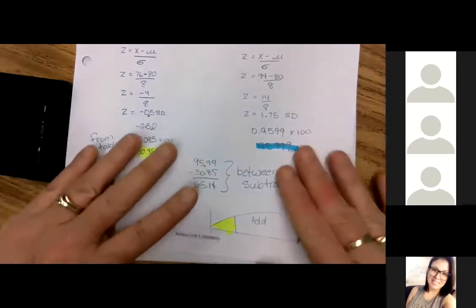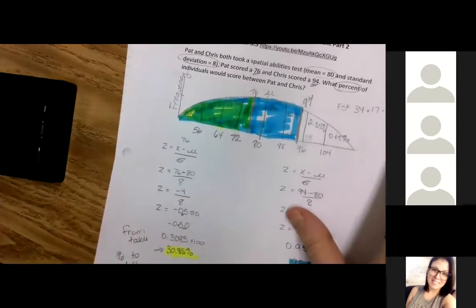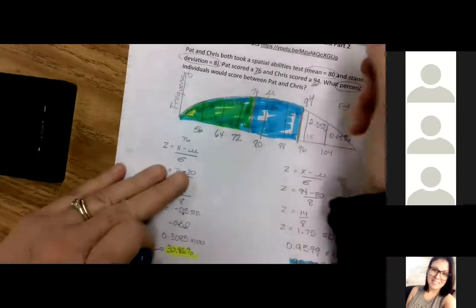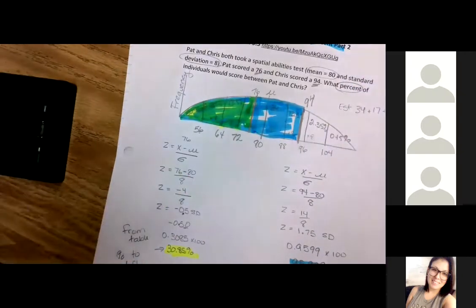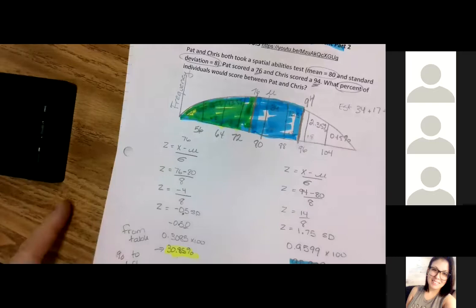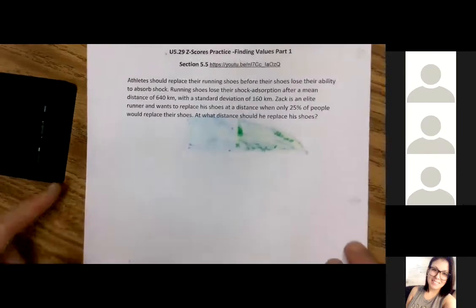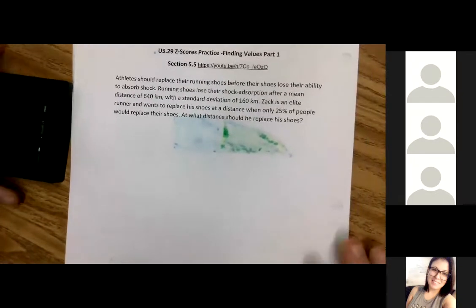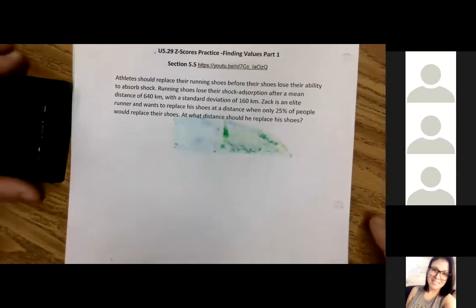Okay, flip the page. So this was finding a percent. Now we're going to look at finding values, which is slightly different. I'm going to have to do a little bit of backwards work.